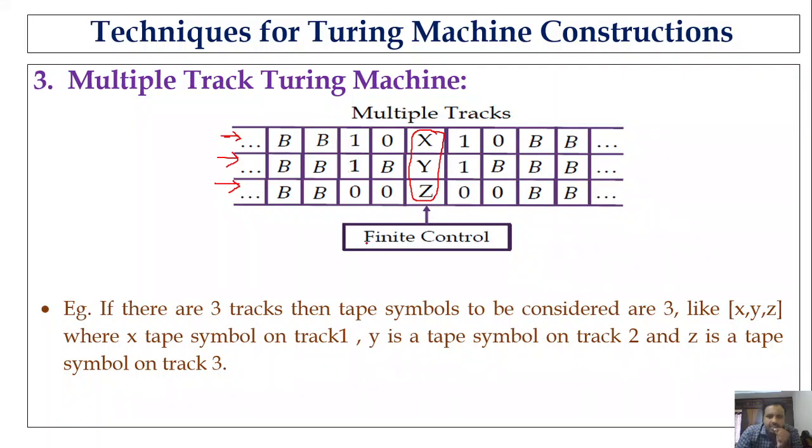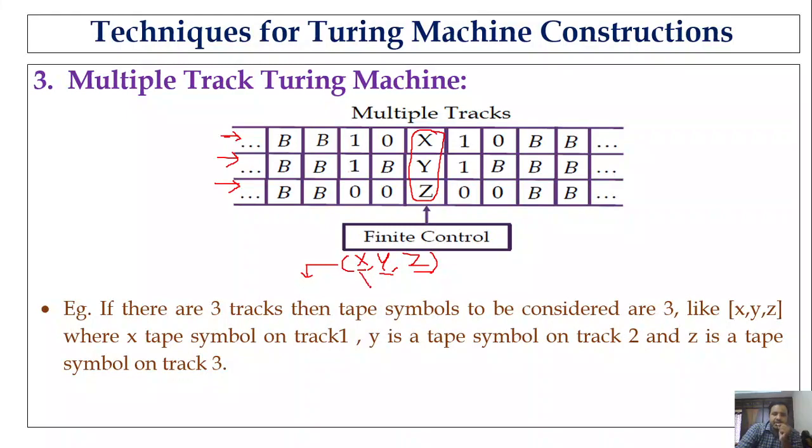If you read the input symbol, you are going to get input alphabets as three tuples. Each tuple belongs to one symbol in each track. In the first track we have x, so we get x, y, z. This is the input tape symbol represented as tuples.